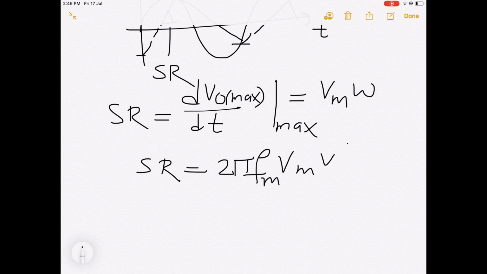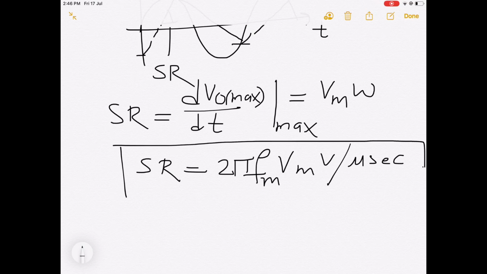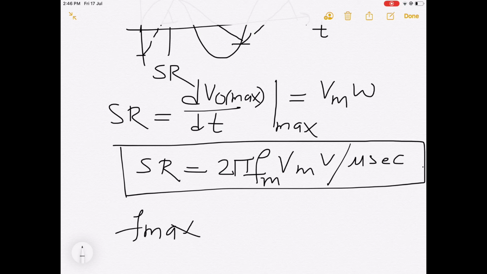So slew rate is equal to 2 pi fm Vm volts per microsecond. This is our formula for slew rate. From the slew rate you can calculate fmax, the maximum frequency at which an undistorted output voltage with a peak value of Vm can be obtained.